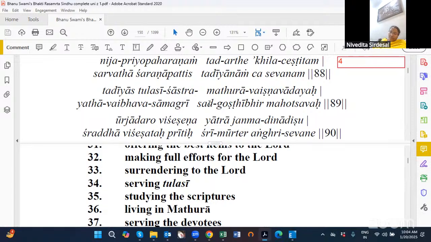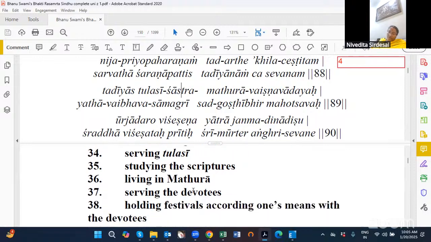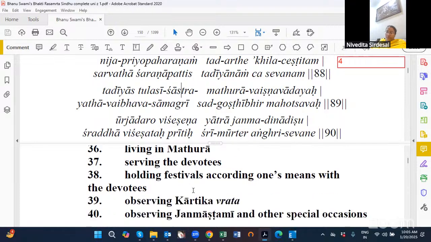Let us see. Tadiyanam Tulasi Shastra. That means reading the scriptures, studying the scriptures. Mathura Vaishnavadaya. Staying in Mathura, living in Mathura. Vaishnavadaya: serving the devotees. Holding festivals according to one's means with the devotees. Yatha Vaibhava Samakri, Sadgoshtir Mahotsava.